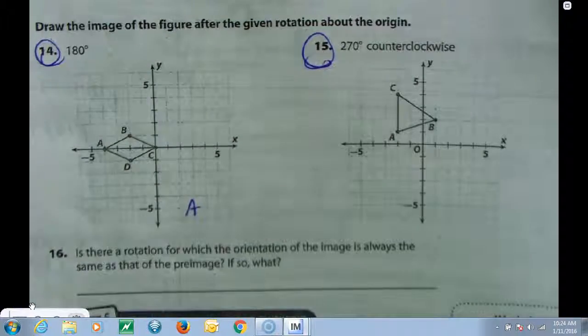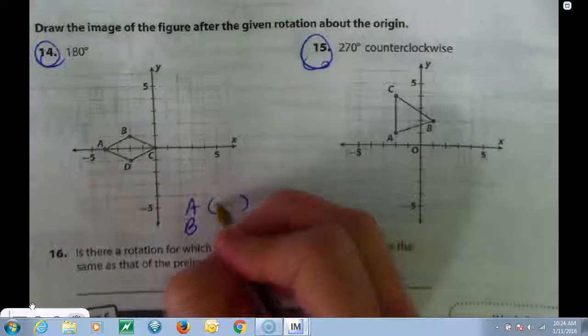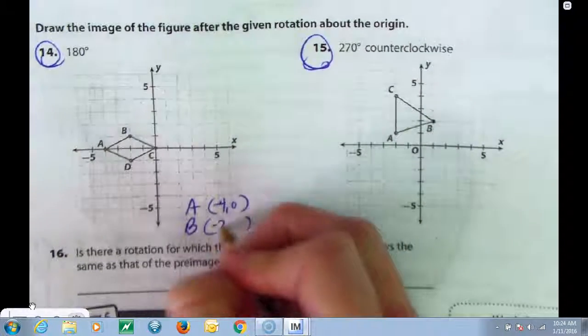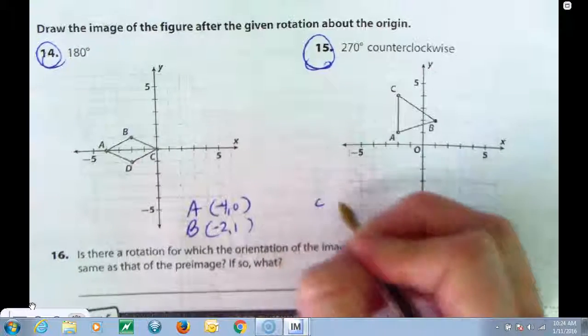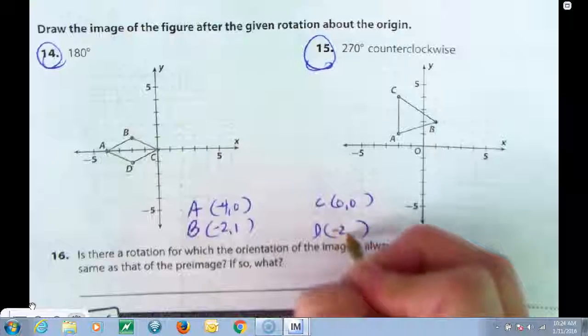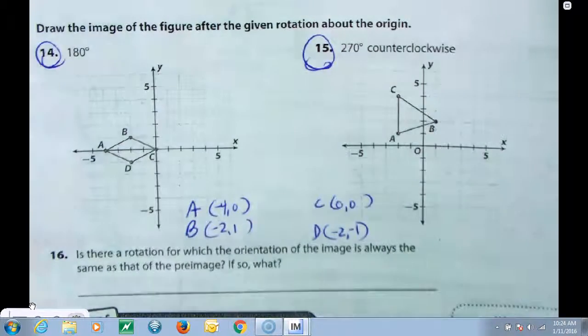Okay, A is what? -4, 0. B is, and C, and D. Okay, so on a 180, just switch the signs.